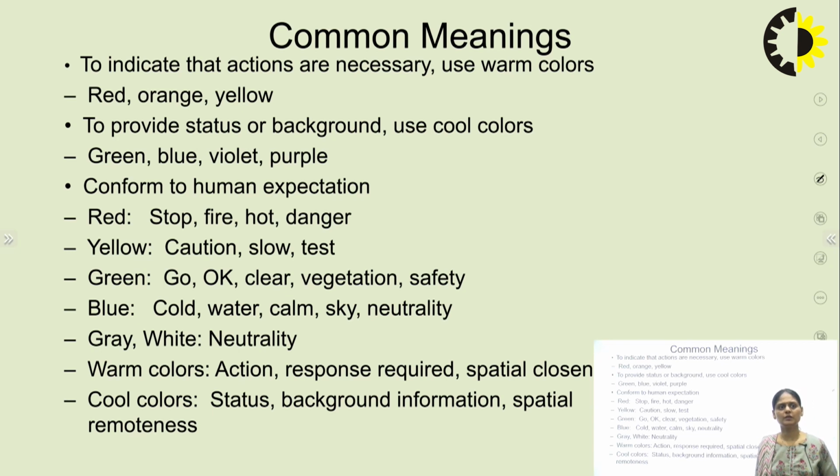To confirm human expectations, red can be used for alarming situations like hot, danger, fire, stop. As we can see on the icons on the screen, yellow is for caution, slow, testing. Green is go, okay, clear.